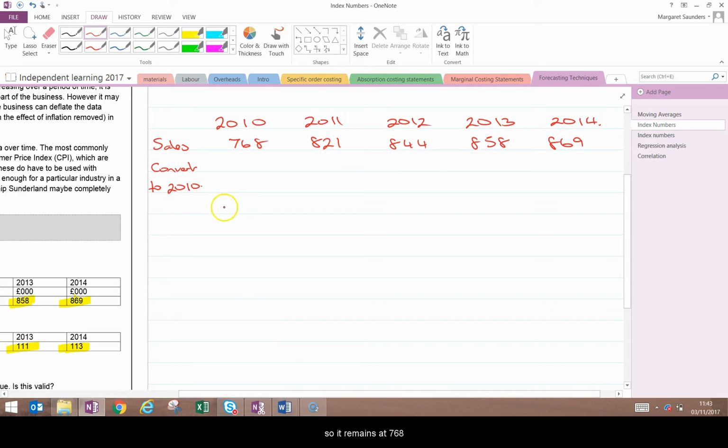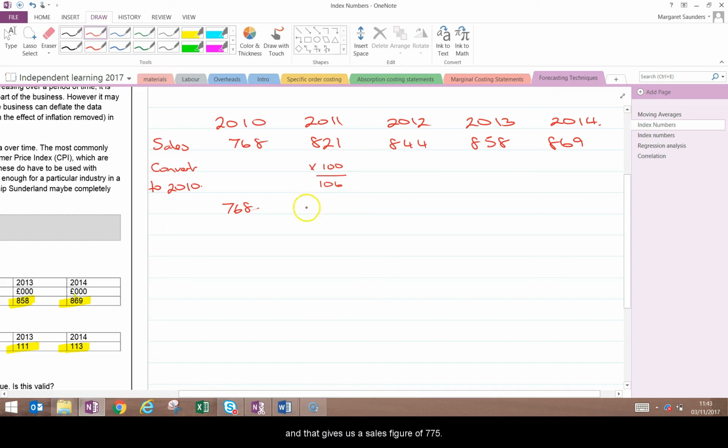So this means that our first figure does not change. So it remains at 768. The sales in 2011, if we want to take them back, so take away the effects of inflation between 2010 and 2011, the method is to multiply the sales figure by the index number for 2010, which is 100, and divide it by the index for 2011, which is 106.